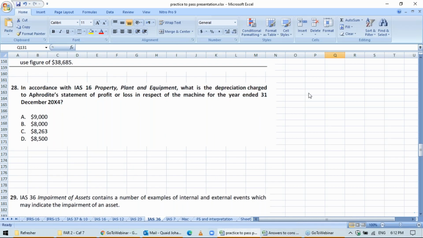Question number 28 is asking about what is the depreciation charged to Aphrodite's profit and loss account for the year ended 31st of December 2004. So this is what is required.